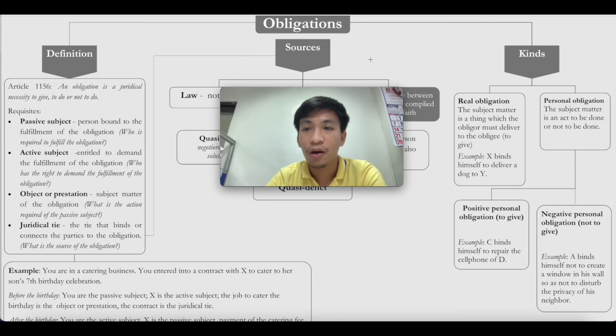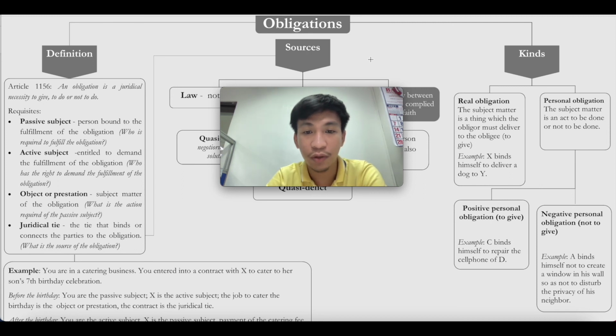And there are two kinds of obligations: real obligations and personal obligations. Real obligations are obligations to give, while personal obligations are obligations to do or not to do. Based on that, there are two sub-classifications of personal obligations: positive personal obligations, or the obligations to do, and negative personal obligations, or obligations not to do.